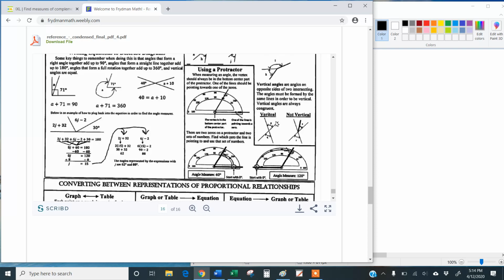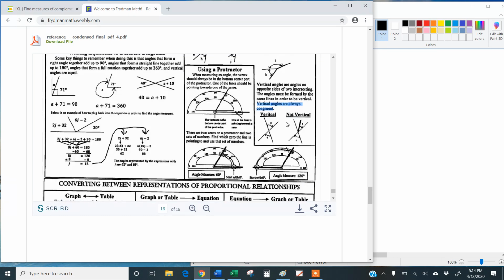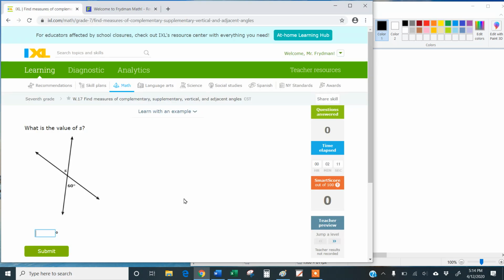And something very important for you to remember is that vertical angles are always congruent, meaning they're always equal to each other. So anytime you see two angles which are on opposite sides of two intersecting lines, you know they must be equal to each other.